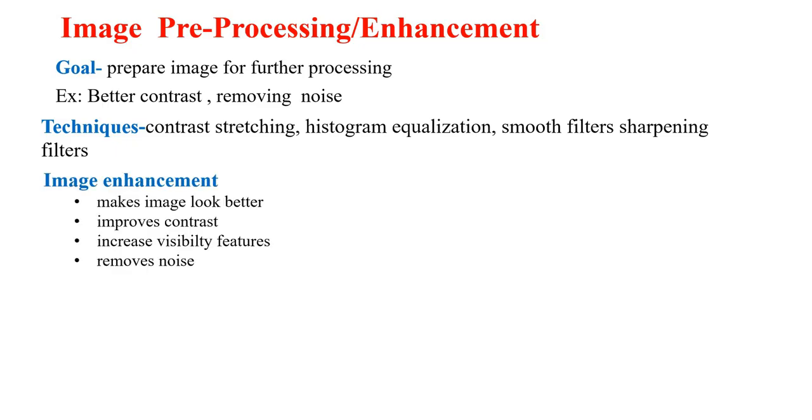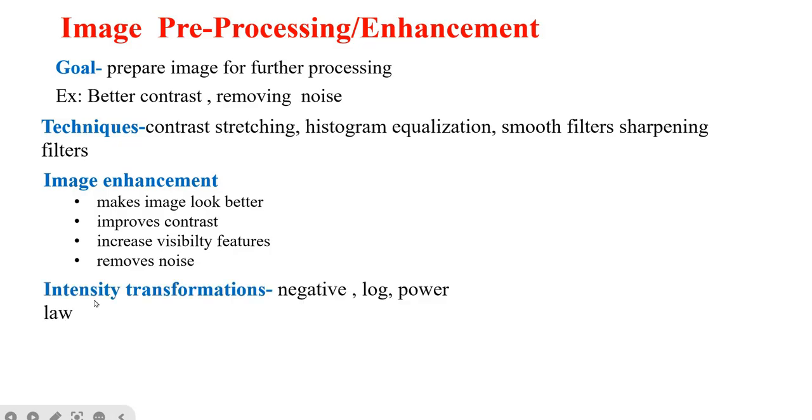Now here in image enhancement, it will make the image look better, it improves the contrast, it increases the visibility of features, and it also removes the noise. Then you have some intensity transformations like negative, log, power law.